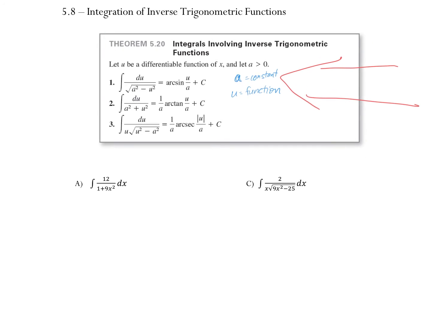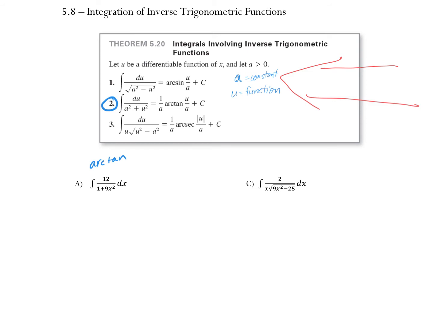Okay, so when we look at this first one, which of these trig functions does this look like? Yeah, it looks like this one, yeah? Because it's something over just two things being squared. There's no square root in that denominator, okay? So we're going to be doing arctan here.